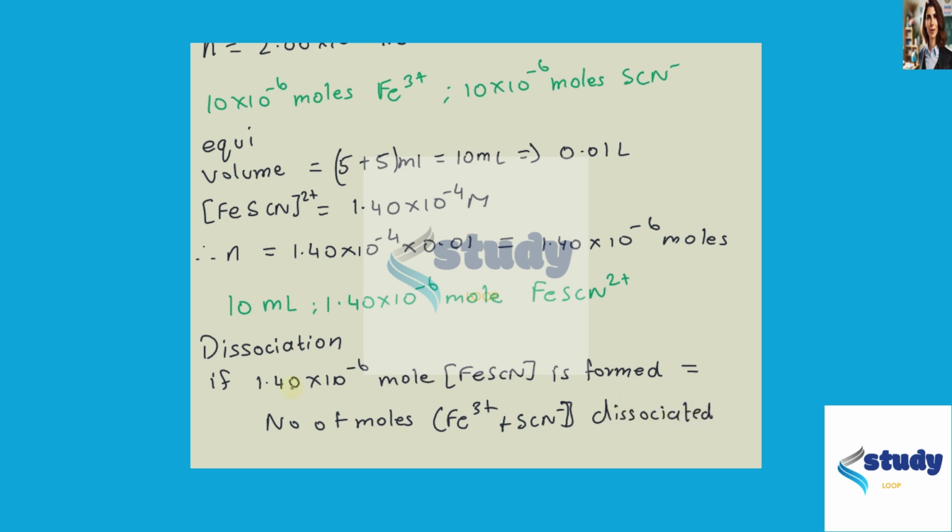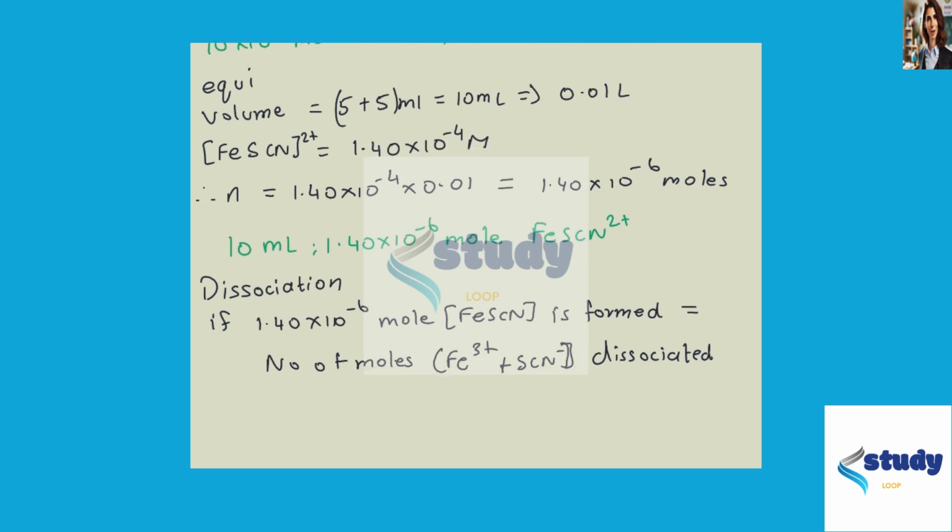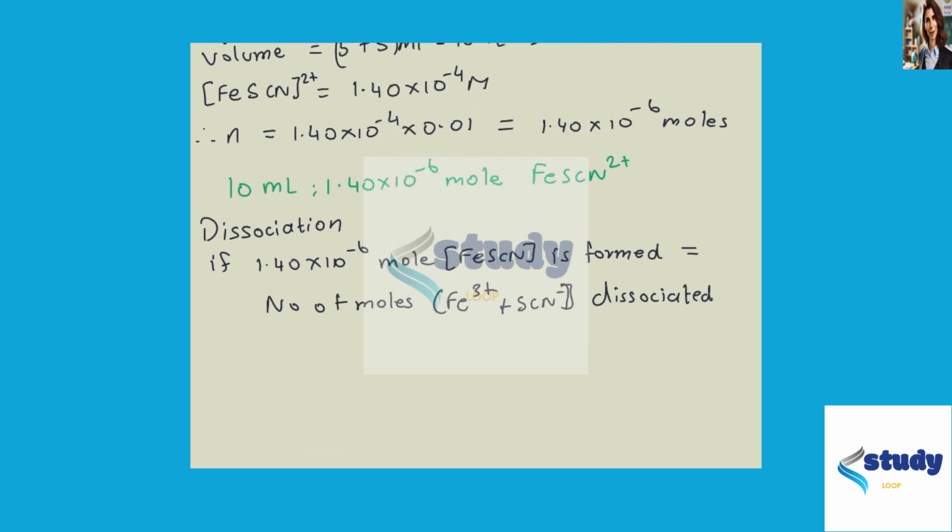Therefore the number of ions dissociated would be 1.40 × 10^-6 moles.